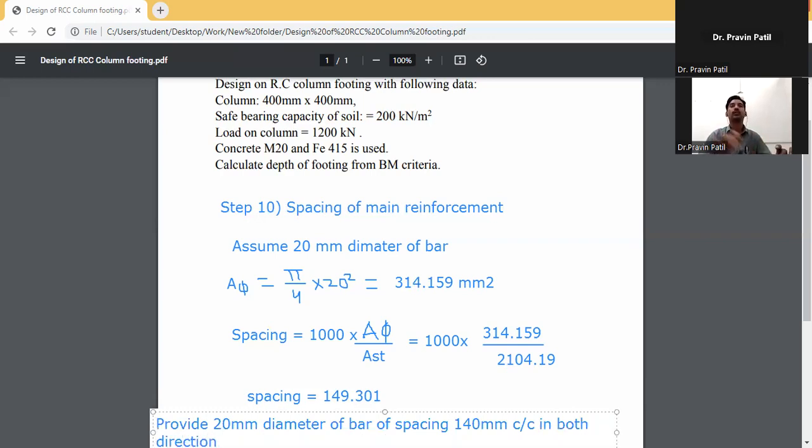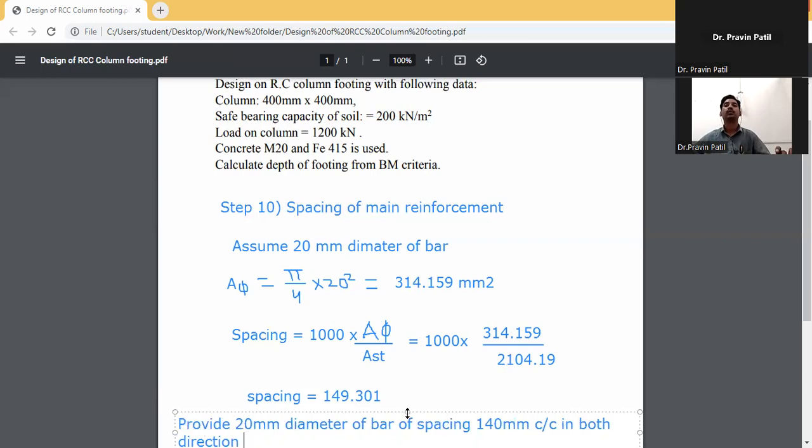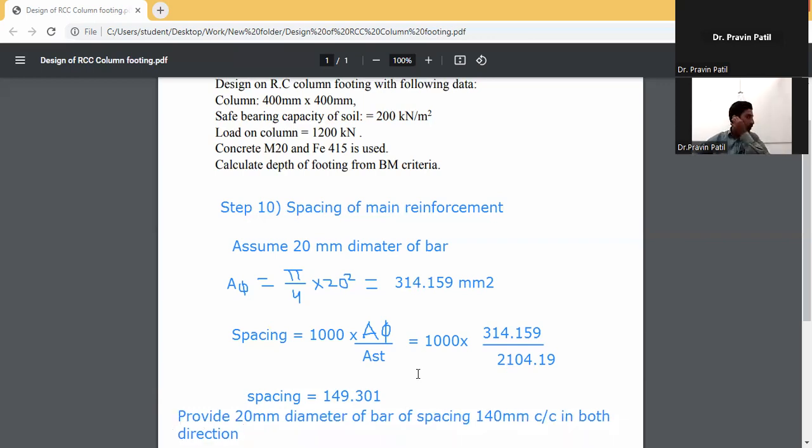This one is the design of RCC column footing when axial loaded column. So provide 20 mm diameter of bar at a spacing of 140 mm center to center in both direction.